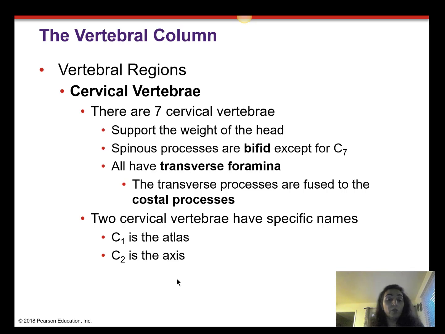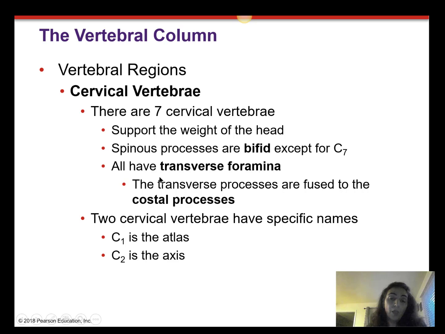But for the cervical region, there are a few of them that you need to recognize, specifically two, besides the whole cervical vertebrae. So, in general, we have 7 cervical vertebrae, as we said, that they support the weight of the head, and the spinous processes of them are bifid. It means that it has two ends at the end of the spinous process, except for the last one, that we see C7.